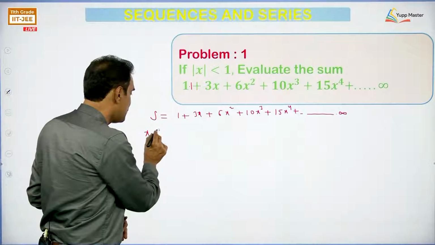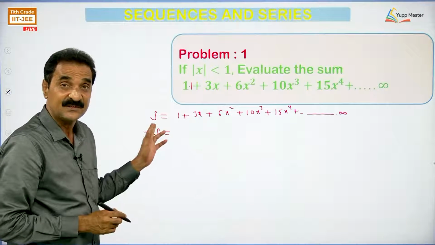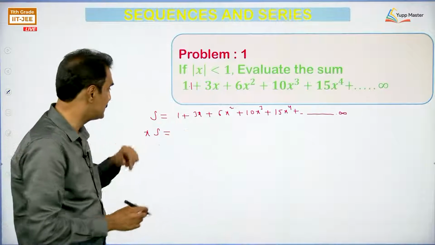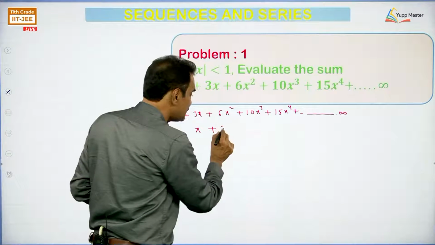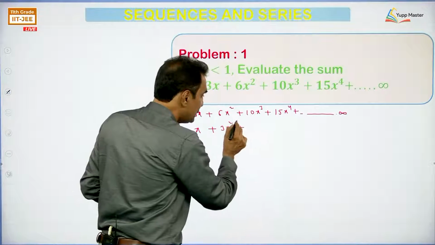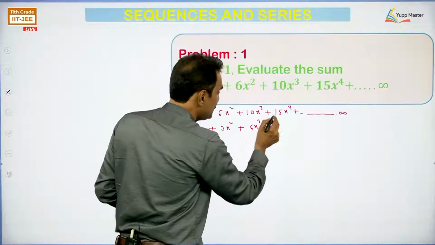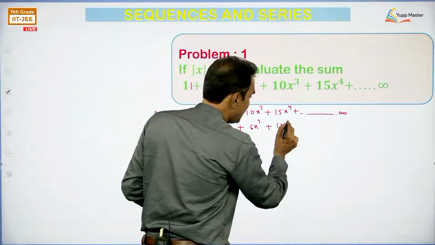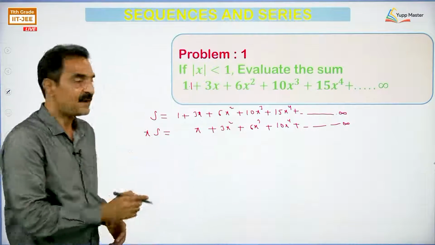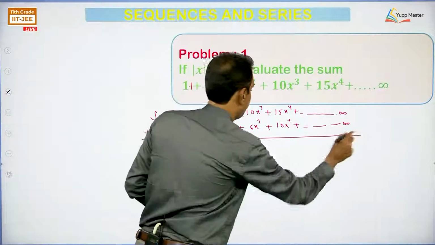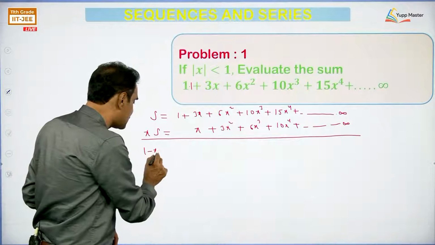The common ratio of the GP part is x. Multiplying by x, you should start writing the series in the second row from the second place. 1 into x is here, plus 3x into x is 3x square. Next, this into x is 6x cube, plus this into x is 10x power 4 and so on till infinity. Then you subtract them. This minus this is 1 minus x into S.